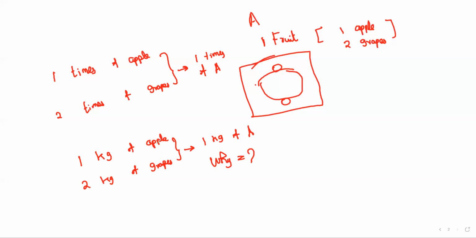Okay. So in 1 kg of apple, how many apples will there be? Just randomly you can guess. If you take 1 kg of apple, how many apples may you get?